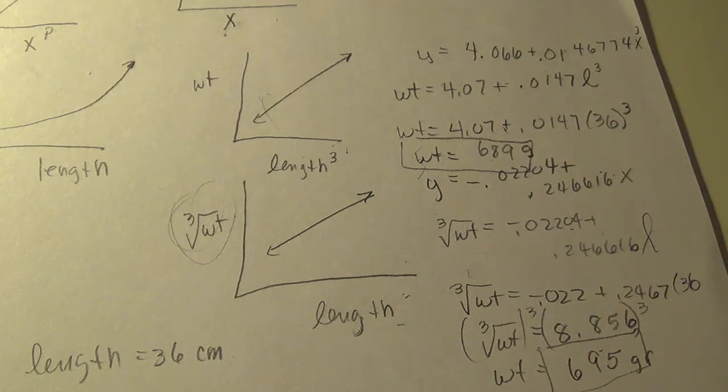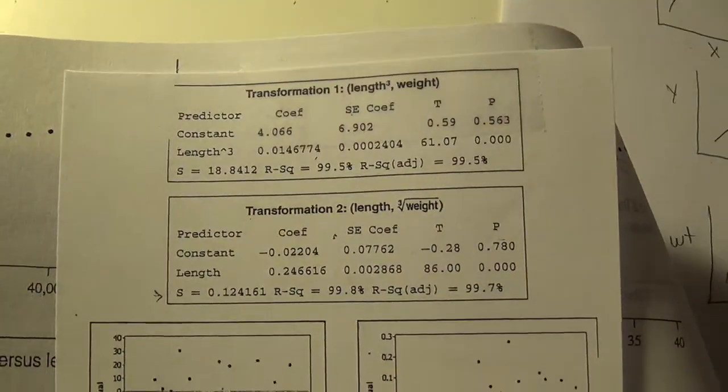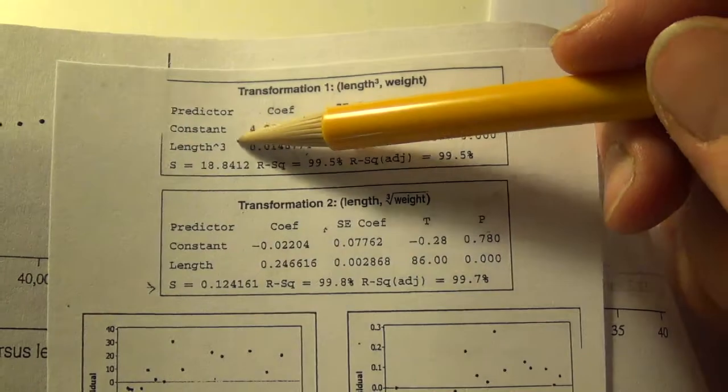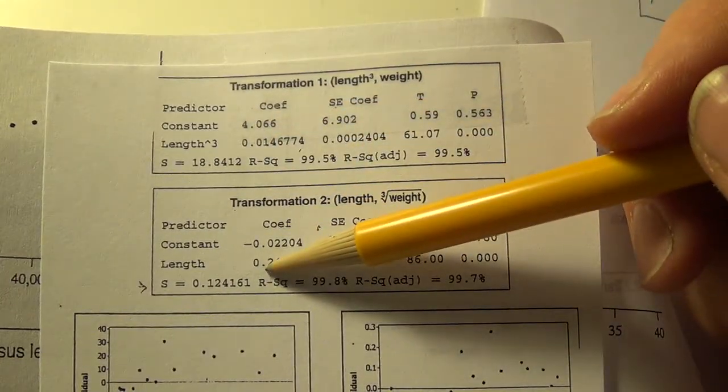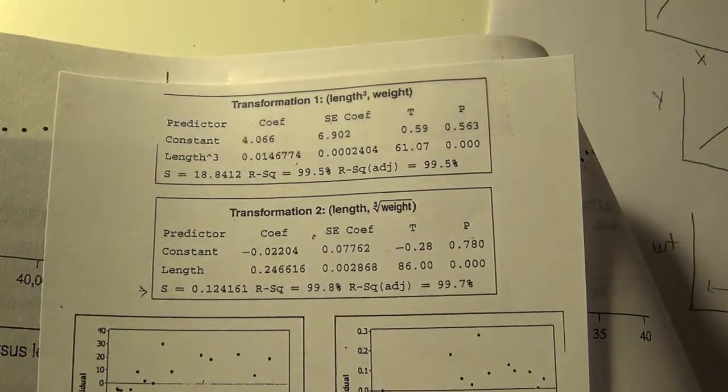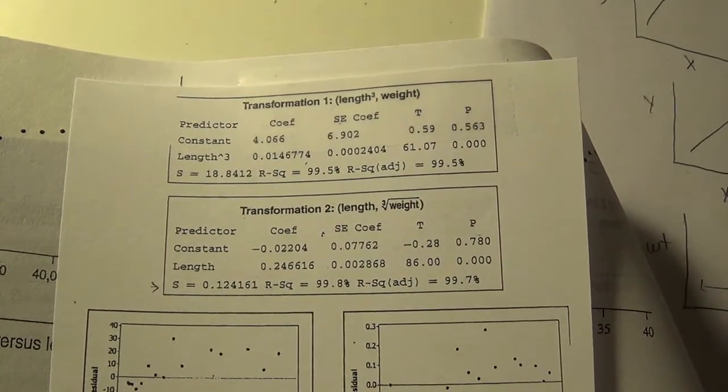Well, one way to tell is on the Minitab itself. And on that Minitab, you will see a quantity that's listed called S. And S we have met before, so let's see if I can point it out to you. So right here, S is a good indicator of which one is going to be better, even before I try them. Because S is the standard deviation of the residuals.